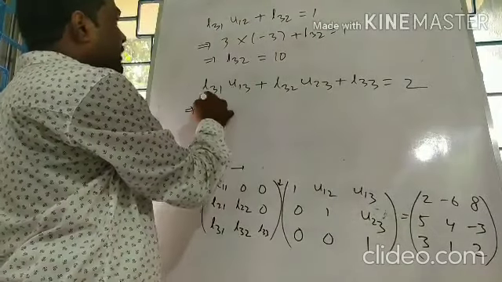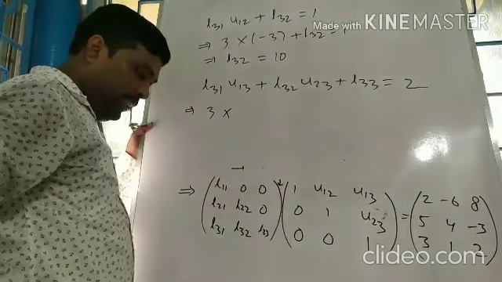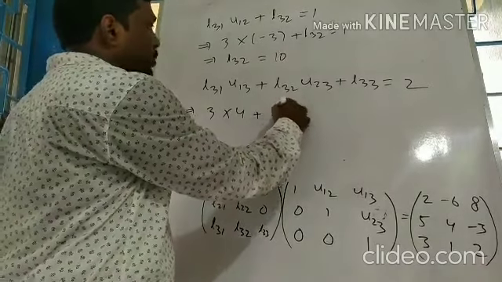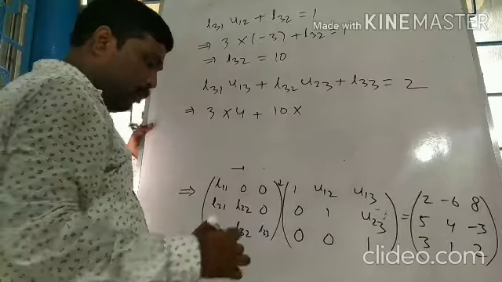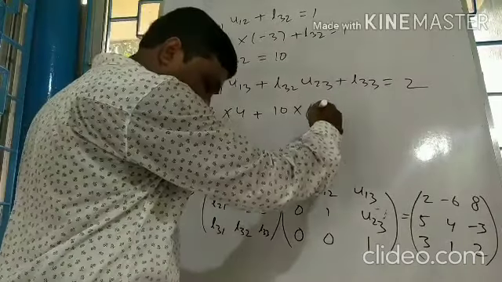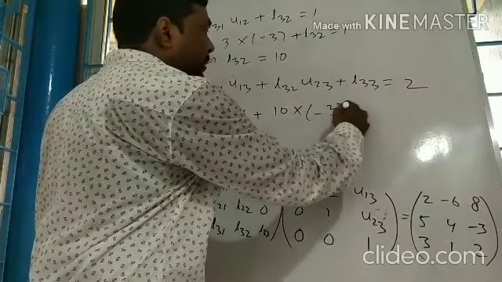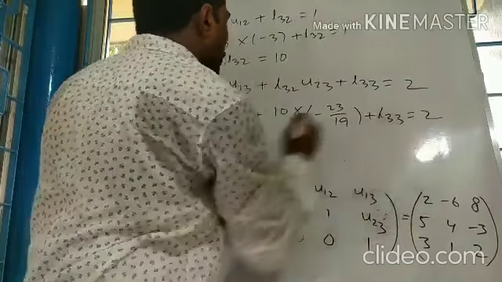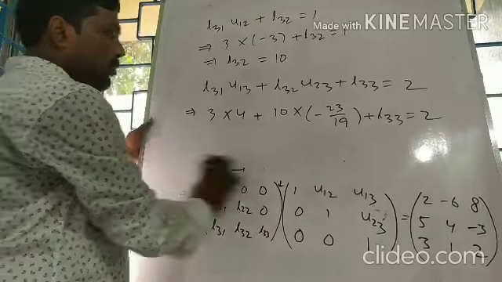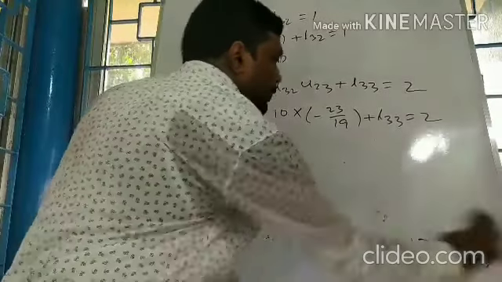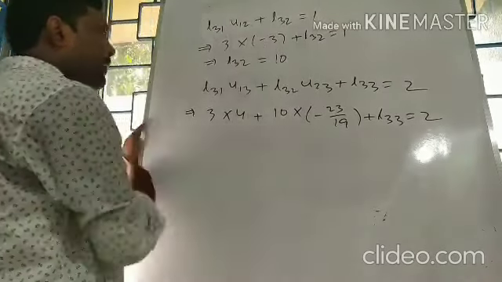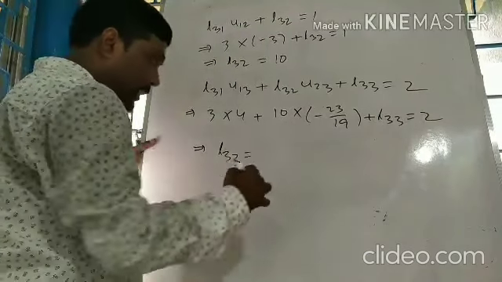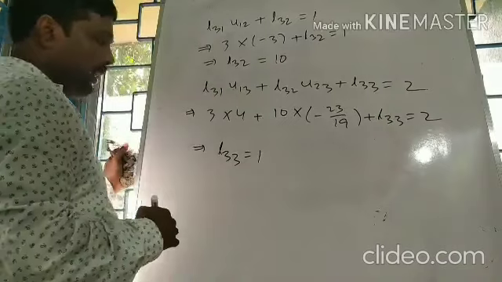L31 is 3, U13 is 4, L32 is 10, U23 is minus 23 by 19, plus L33 equals 2. So just simplify and find L33. L33 equals 40 by 19.